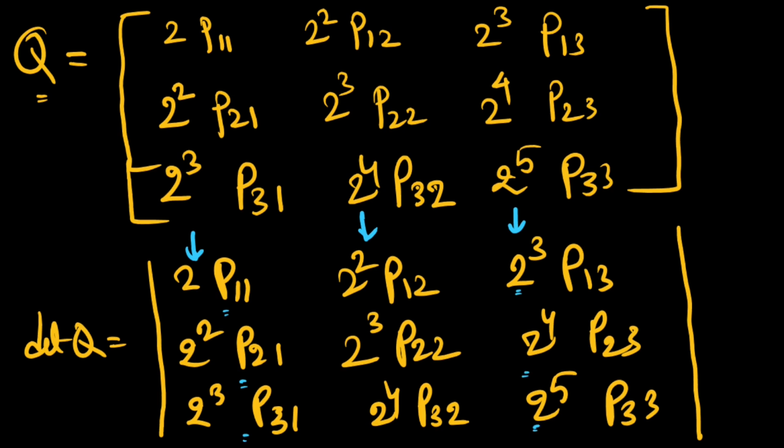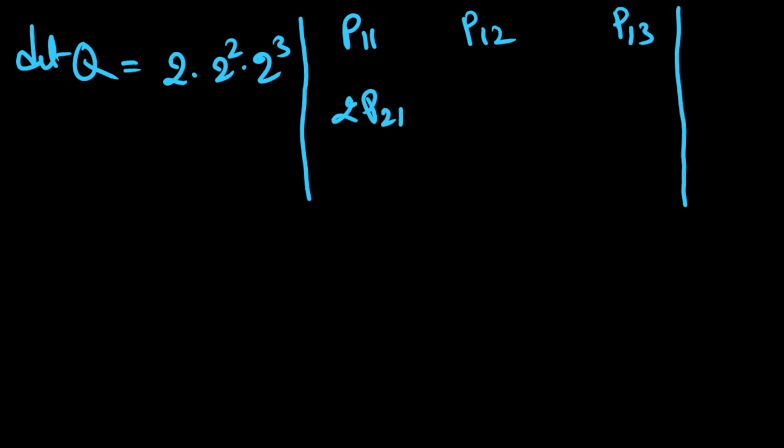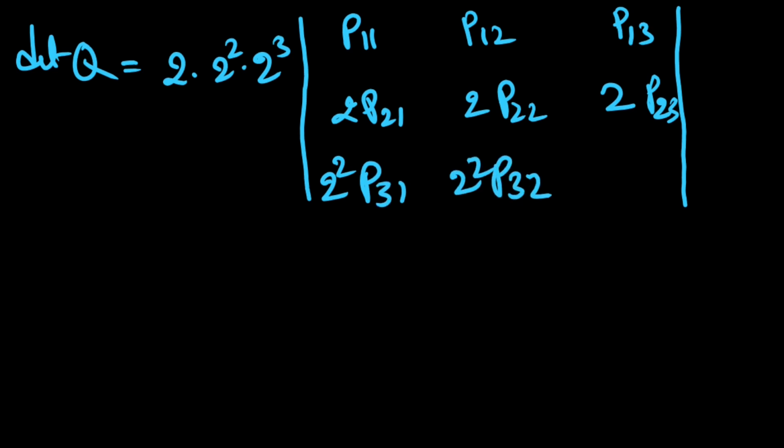So from the first column we take out 2, from the second 2 square, and from the third 2 cube. Therefore the determinant of Q is equal to 2 times 2 square times 2 cube, and the remaining determinant is the rows P11 P12 P13, then 2 P21 2 P22 2 P23, then 2 square P31 2 square P32 2 square P33.